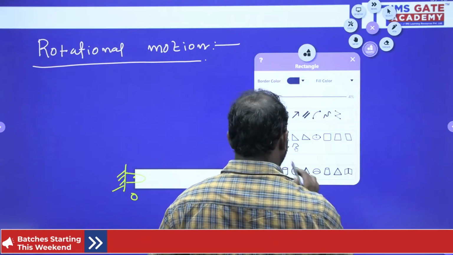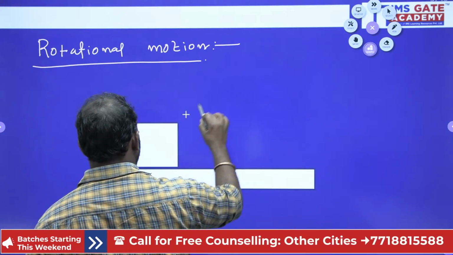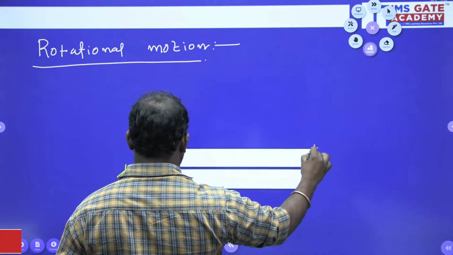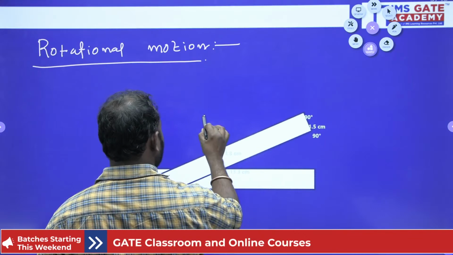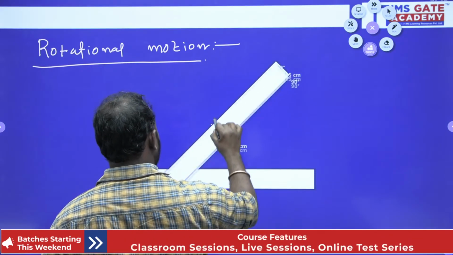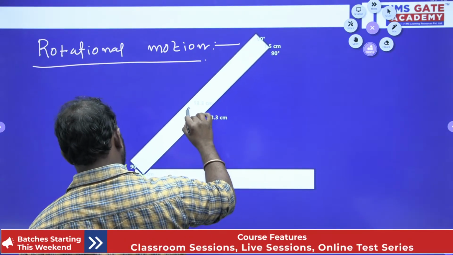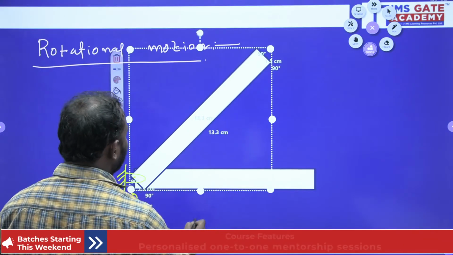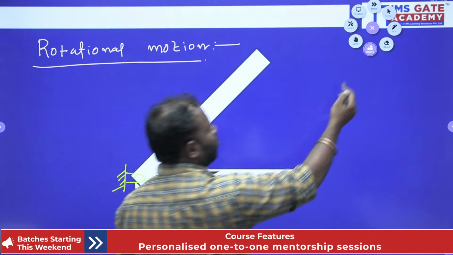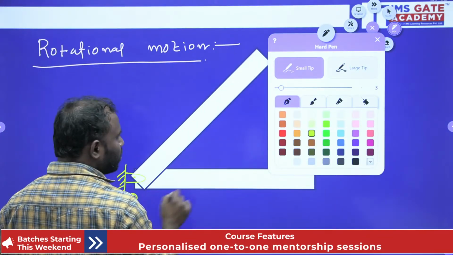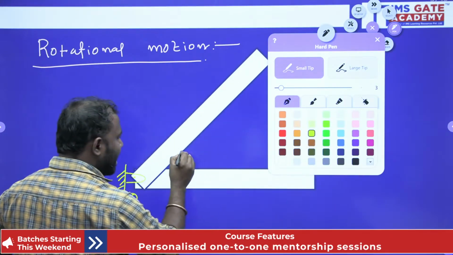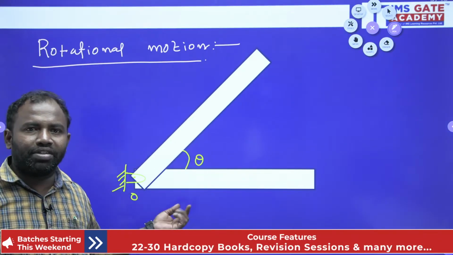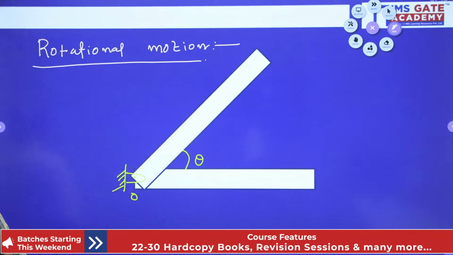Now after some time, after t time, the body rotates about its axis, about the O point, right. Now the angle between these two is theta, isn't it, guys? The angle between these two is theta.